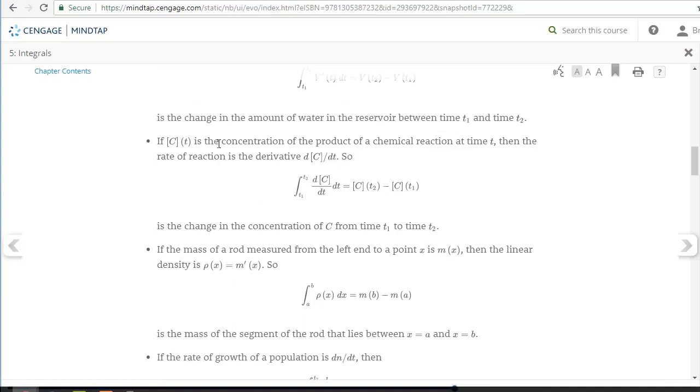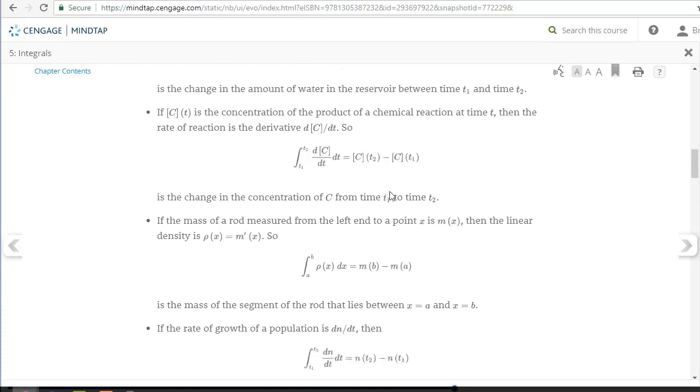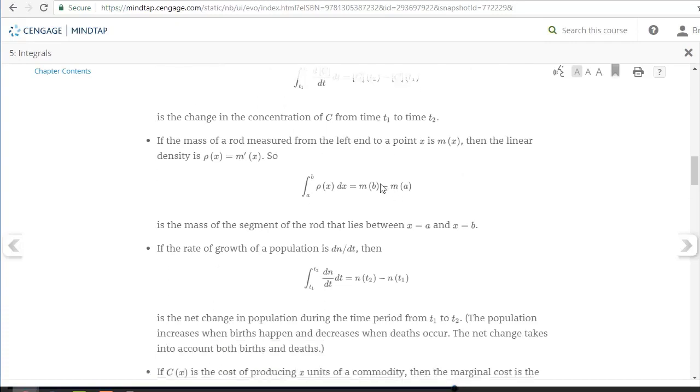If C of t is the concentration of product of a chemical reaction at time t, then the rate of change of that reaction we would denote dC/dt, its derivative. So if I integrate dC/dt, my antiderivative is the concentration function, and this is giving me net concentration. Back in the derivative chapter, we also talked about how the linear density of an object is the change in mass per change in length.